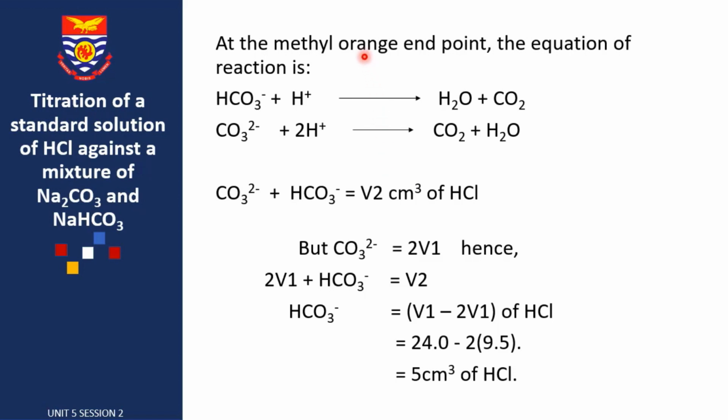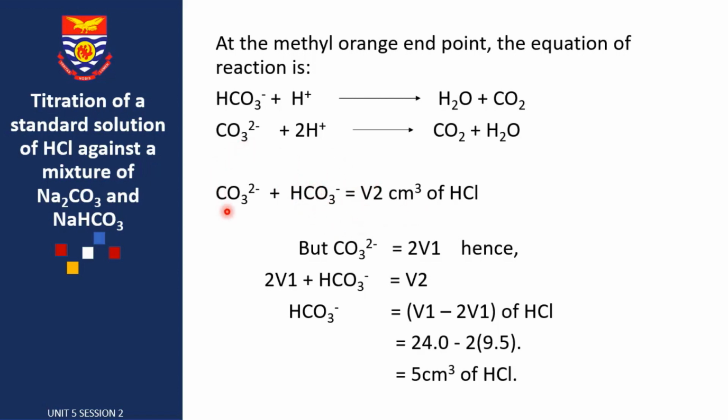Now, to do that, since it reacted at the methyl orange endpoint, we need to visit that point. For the methyl orange endpoint, this is what happened. We had the bicarbonate reacting, we had the carbonate also reacting. So the volume of the acid used at the methyl orange endpoint was the volume that fully consumed the carbonate ion and also fully consumed the bicarbonate ion.